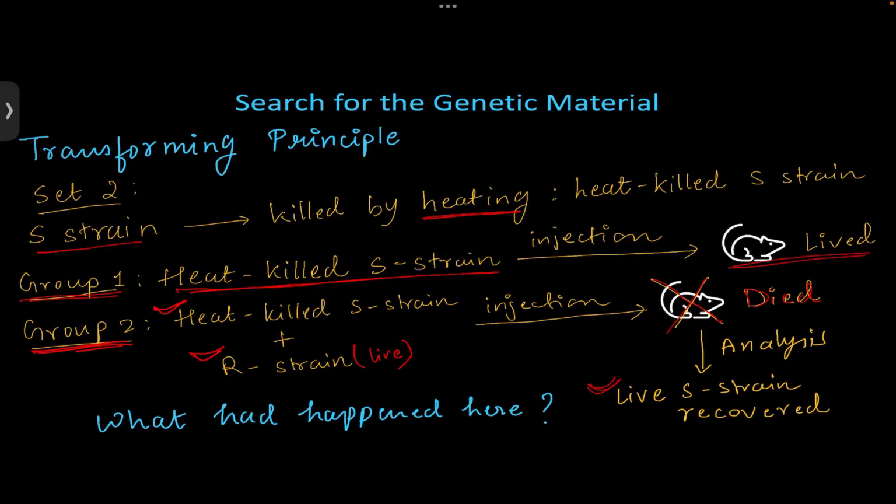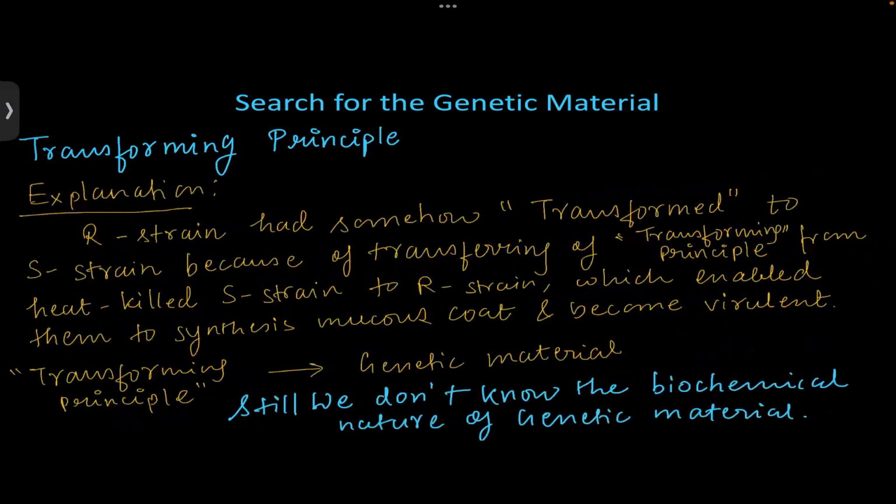This was the question. He gave a very simple explanation: he said that the R strain bacteria had somehow transformed. They had changed their identity altogether to S strain bacteria, because initially he gave live R strain bacteria and heat-killed S strain bacteria, but in the dead mice, he found only live S strain bacteria.